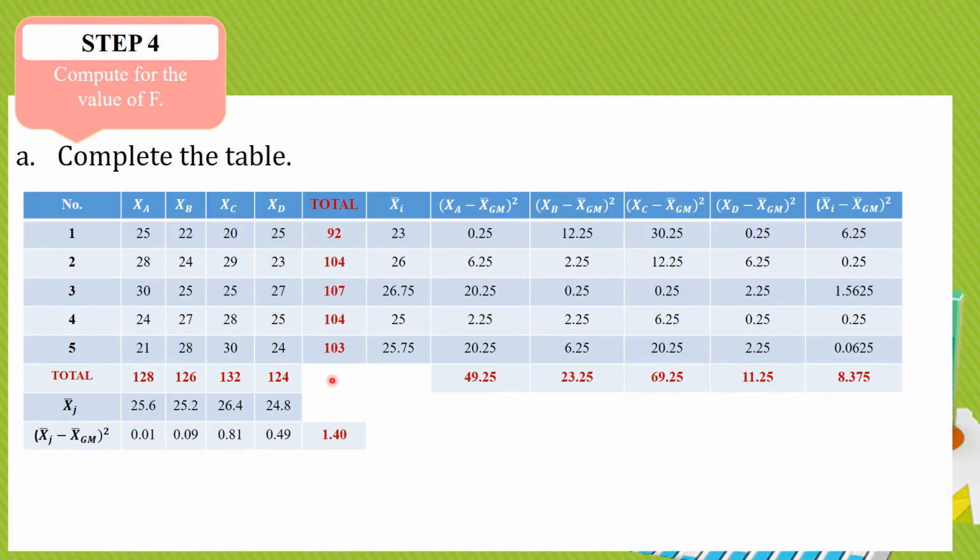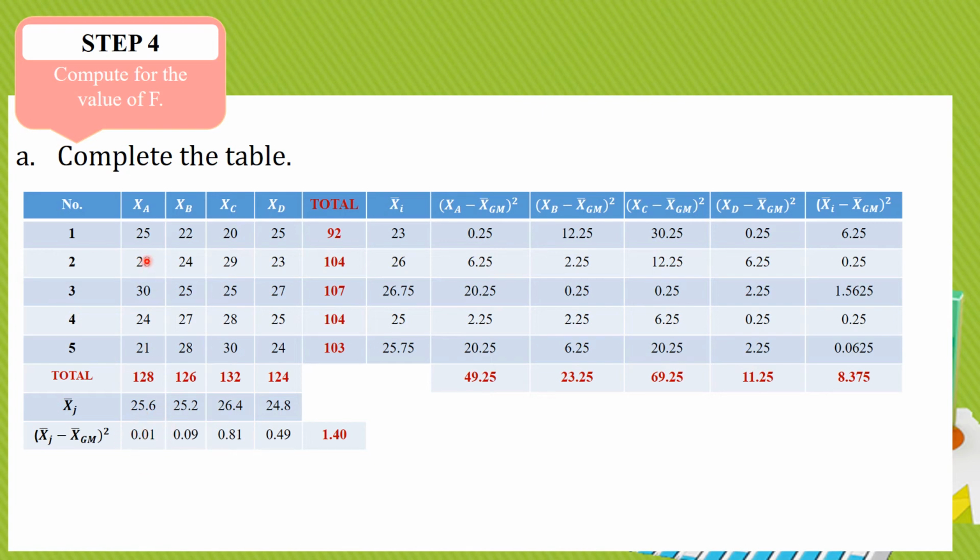Looking at this table, since we have already found the value of x bar sub j, we can now find the value of x bar sub j minus grand mean squared. Again, recall that our grand mean is equal to 25.5.